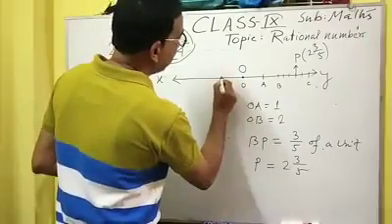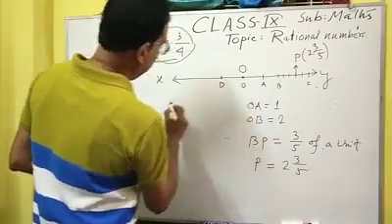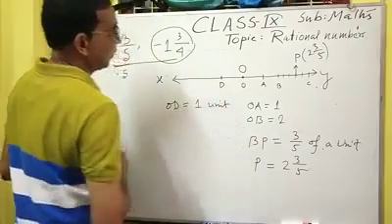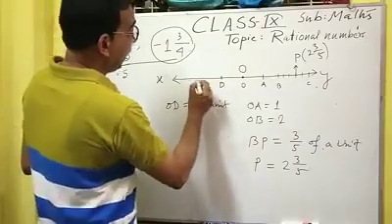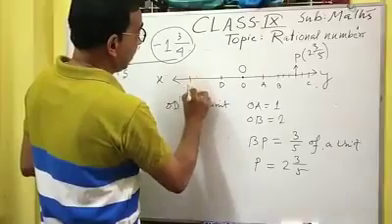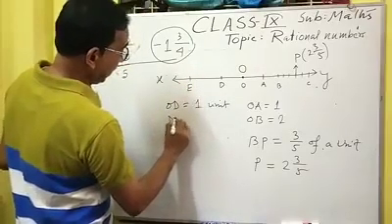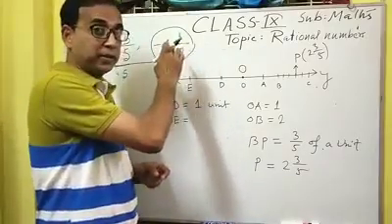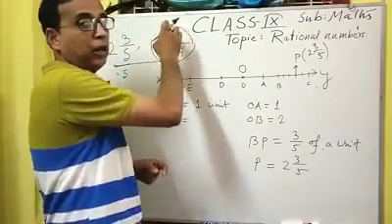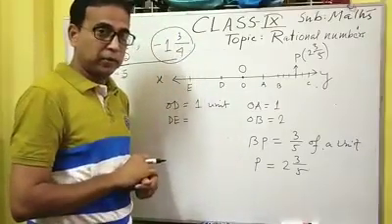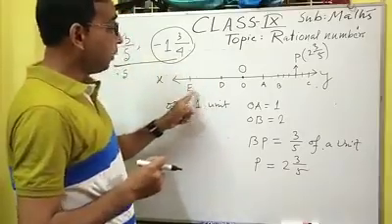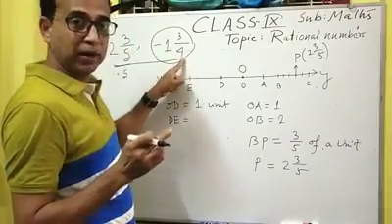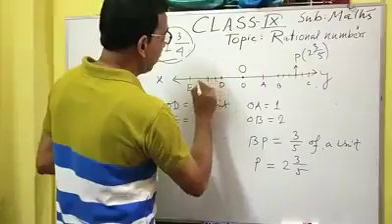Taking OD equal to 1 unit, the unit DE has to be divided into 4 equal parts, since the denominator of the rational number is 4. For this reason, we divide the unit DE into 4 equal parts. 1, 2, 3, 4.